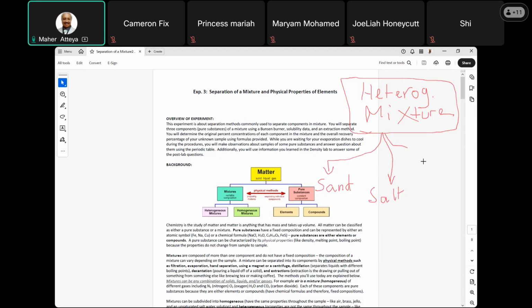And the third component is fertilizer, it's ammonium chloride.